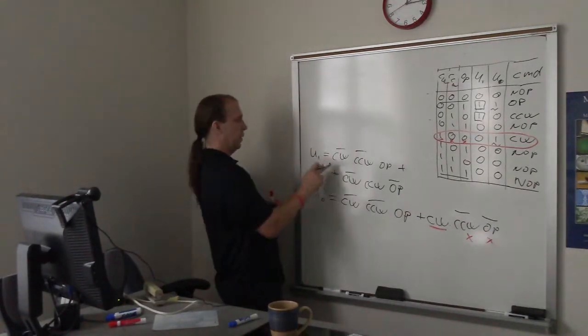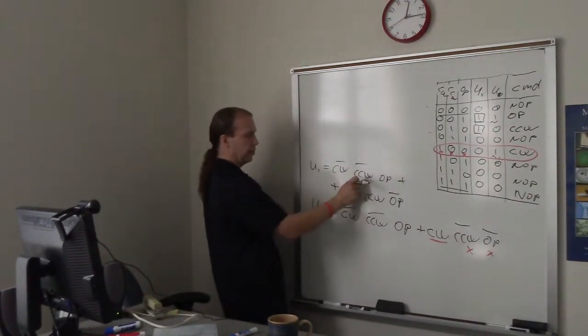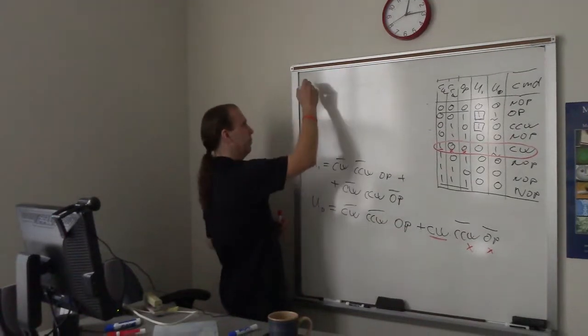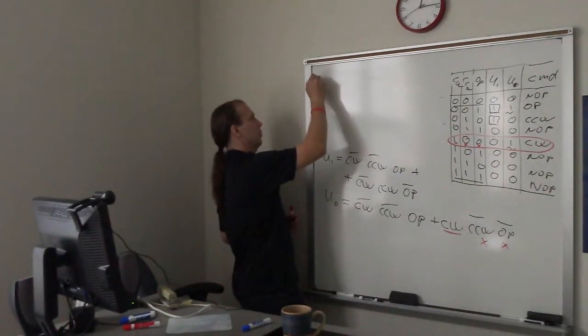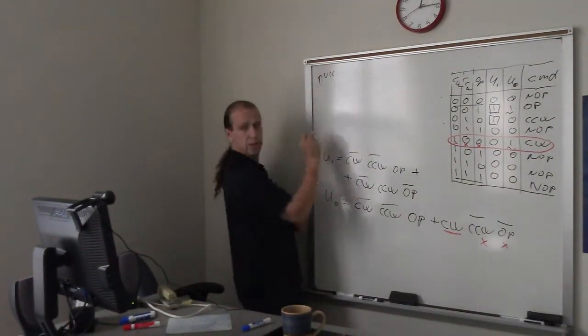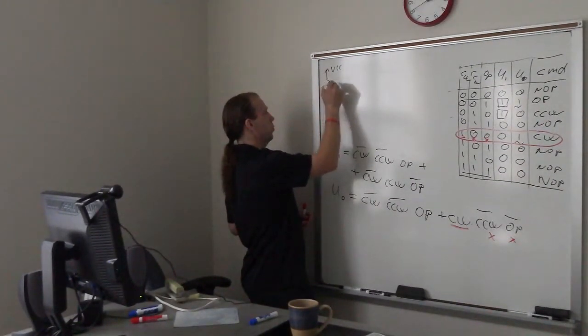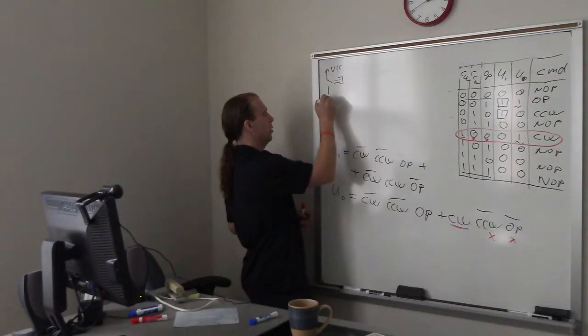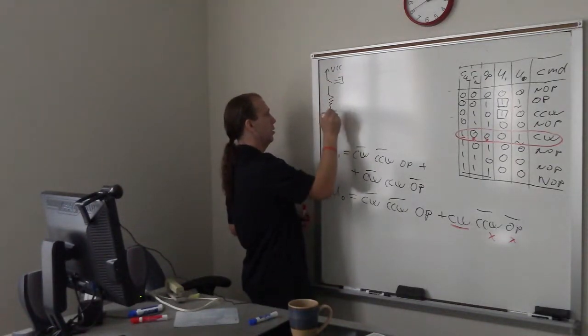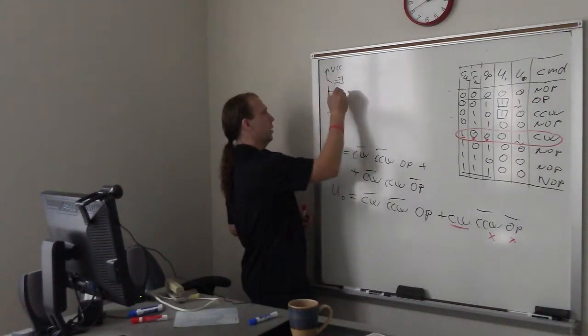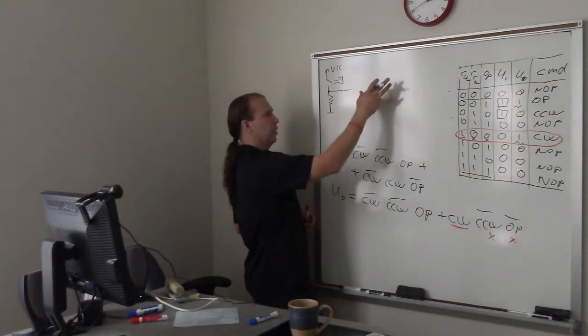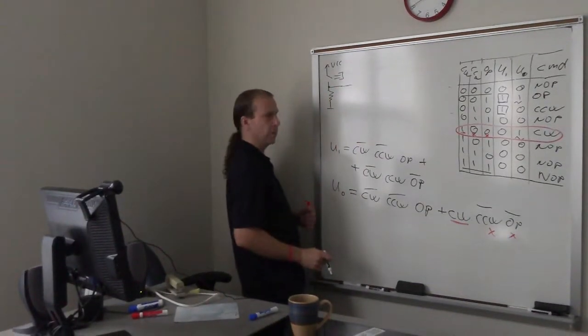So the lead, clockwise or counterclockwise or OP, comes from the push button. That's what we started from. VCC, and that's our push button, and the resistor, 0 level. And then it goes to the electrical circuit.